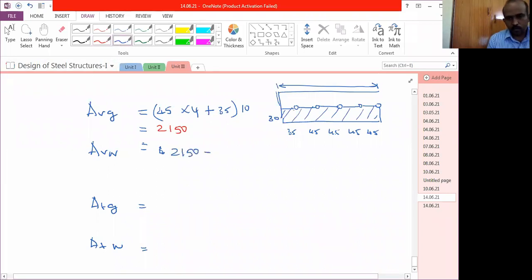2150 minus, how many bolt holes are there? Here one bolt hole, 1, 2, 3, 4. Here this one is half of the bolt hole, right? Only half of the bolt hole we have to consider, so minus 1, 2, 3, 4.5 multiplied by the bolt hole, which is 18, multiplied by 10. That's all.